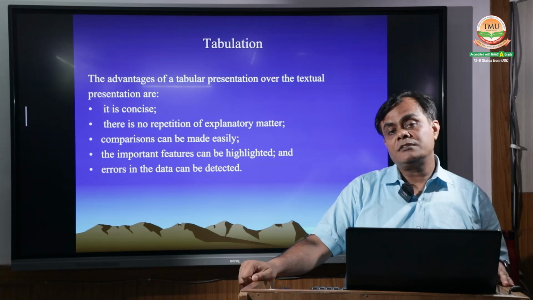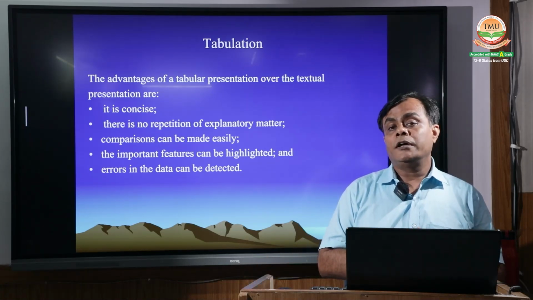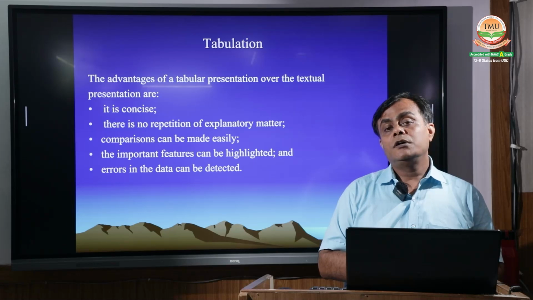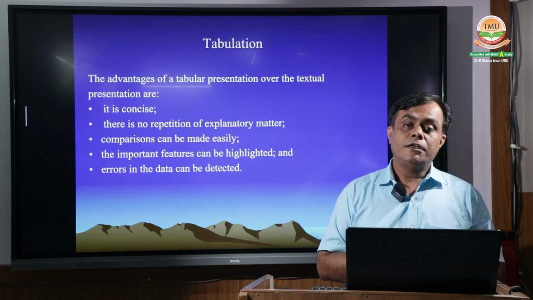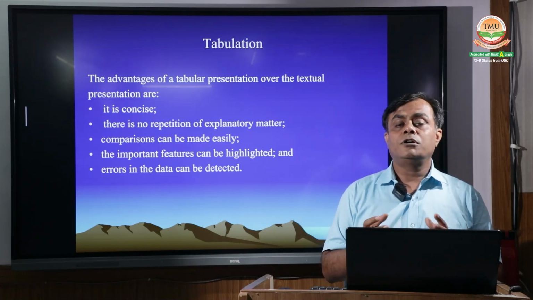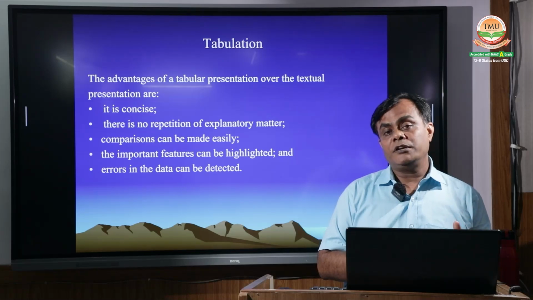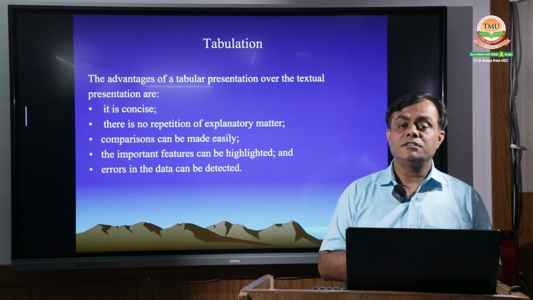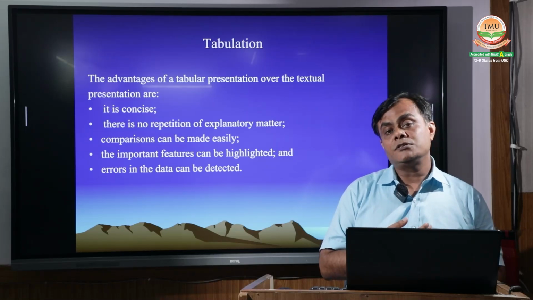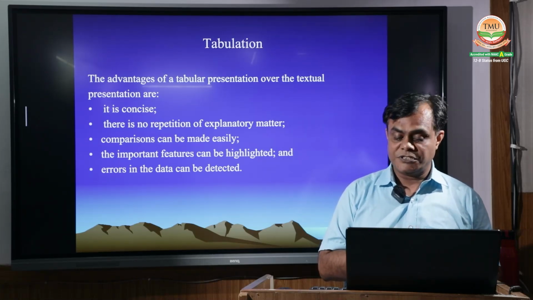So these are the advantages over the textual formation. If you are presenting data in a textual formation, there are a lot of disadvantages, and if you are putting data in a tabular formation, you get a lot of advantages.